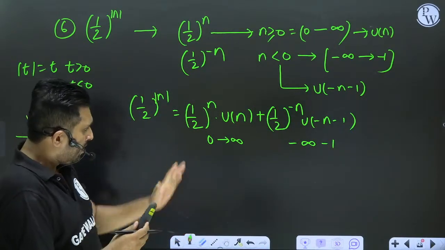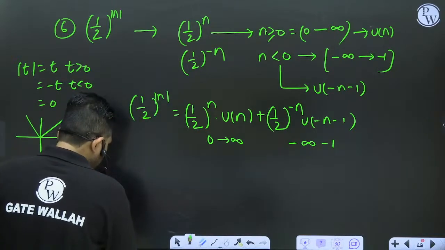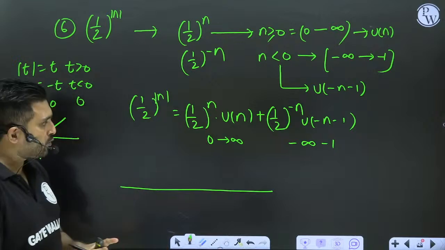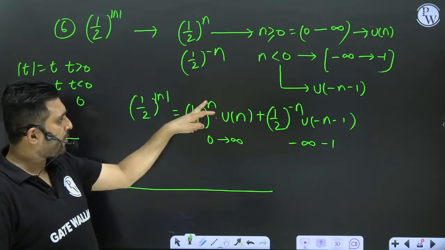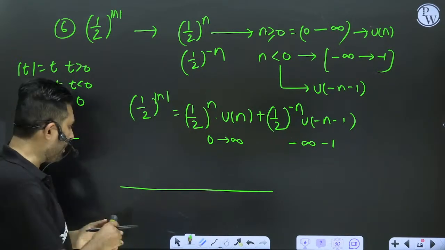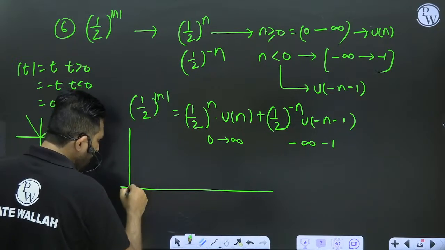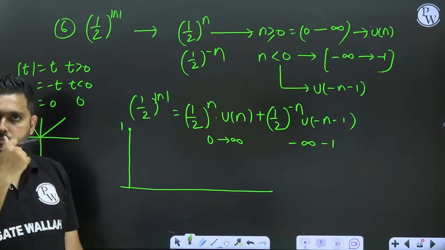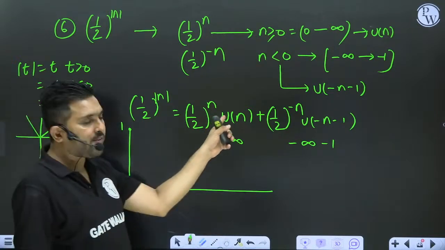See here, the plot of this function, when you put n equal to 0, listen carefully, 0 to infinity. When you put 0 here, it will give you 1. This means that you will get 1. And when you put infinity here, it will become 0.